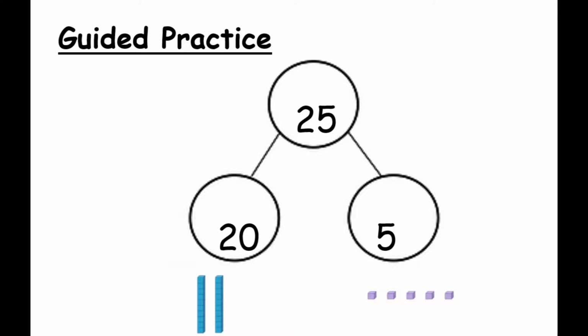We know that when we partition 25, we have two tens, which I've got there at the bottom for you in blue, and we know that we've got 5 ones. If we were to add our two tens, 20, and our 5 ones together, it would give us 25. This is a really easy way of helping us to use the part-whole model to put bigger numbers into our part-whole diagram.